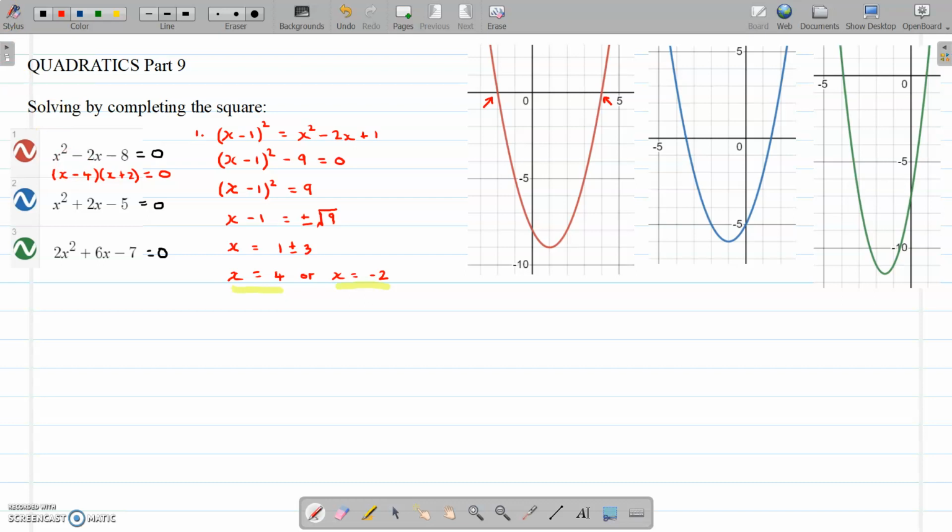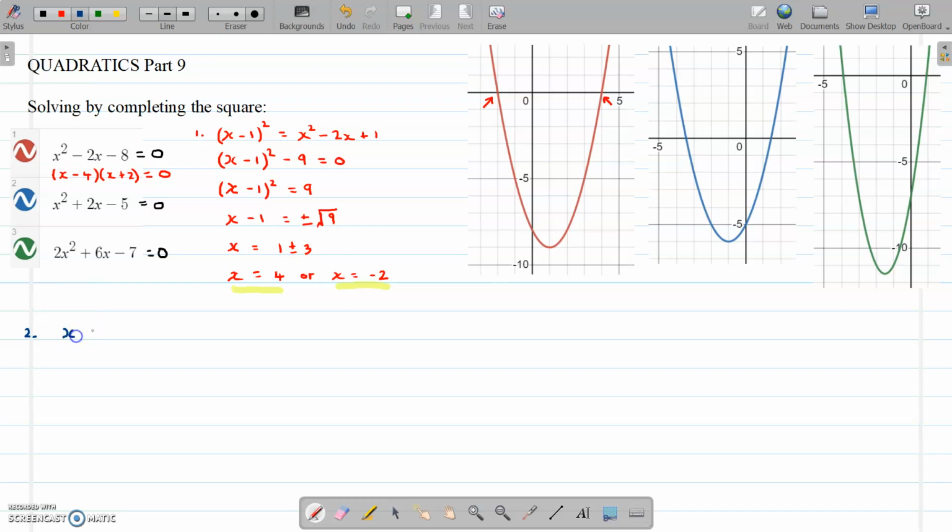Question 2 is the blue graph here, and you can see that the solutions are somewhere in between values. We don't know what they are. And they won't be exact because this doesn't factorize. Well, they'll be exact, but they will be in surd form because this doesn't factorize. So question 2 will be here, and I'm going to do much the same as I did in question 1.